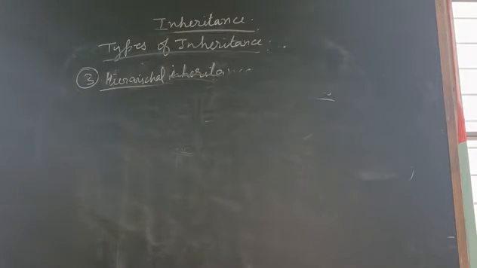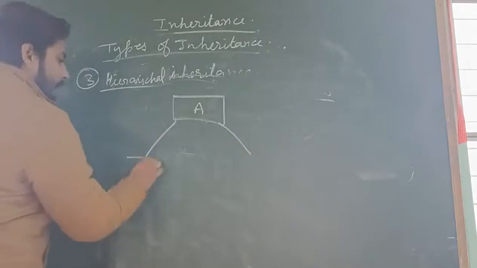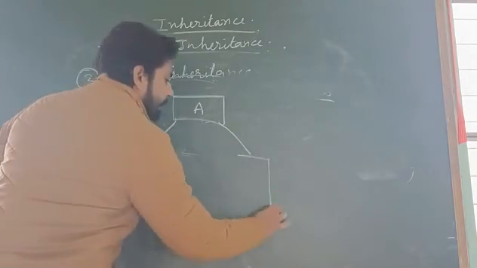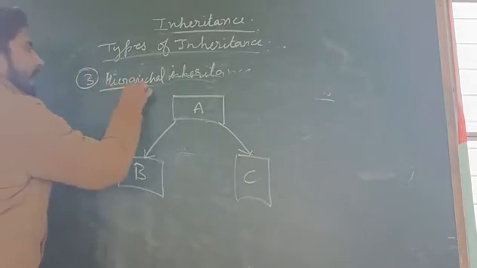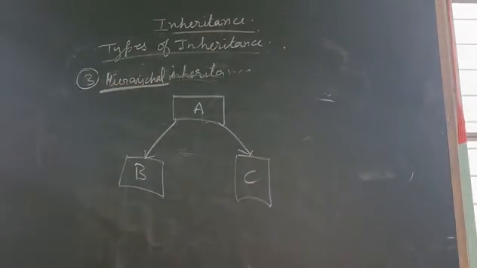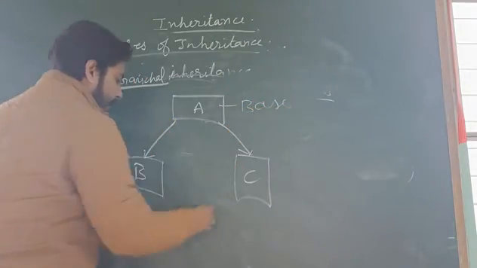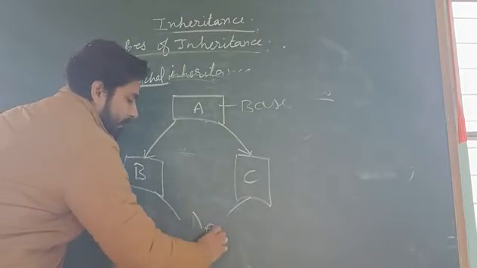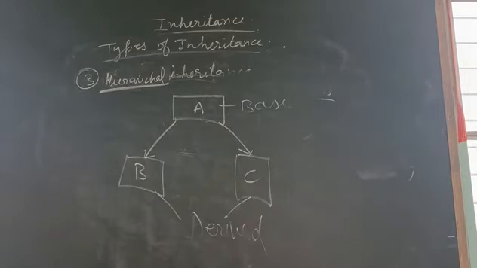But here we have two derived classes and one base class. Suppose this is A, and we have two classes derived from the A class, which is the base class. So in hierarchical inheritance, we have one base class and more than one derived class. That is hierarchical inheritance.